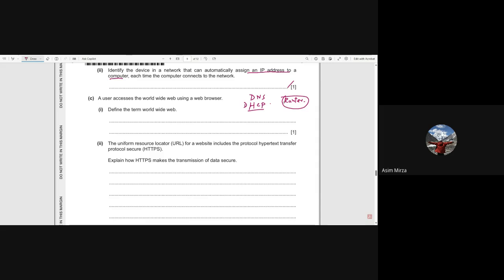Our home routers assign us the IP address so that we can be connected with the net and we can be a part of the global world and we can share the data. So the routers we have at home actually have an option inside that is DHCP, Dynamic Host Configuration Protocol.